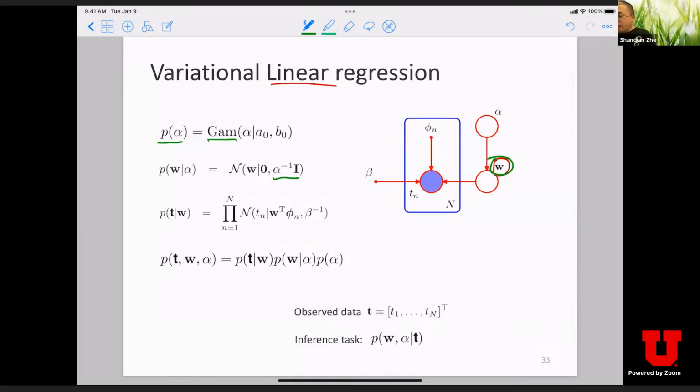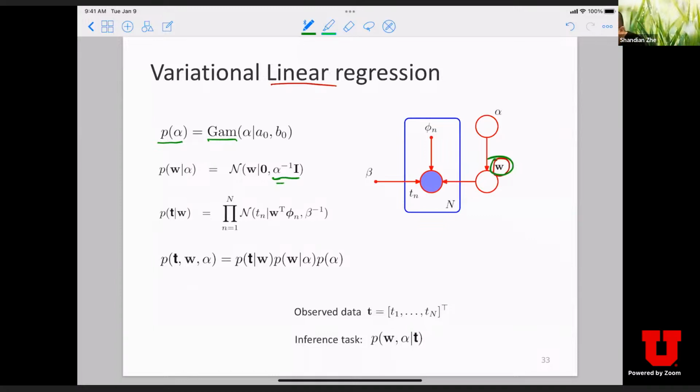As we mentioned, the gamma prior is conjugate to a Gaussian distribution if alpha is used as the inverse variance of the Gaussian. Here A0 and B0 are fixed constants that we assume are known.